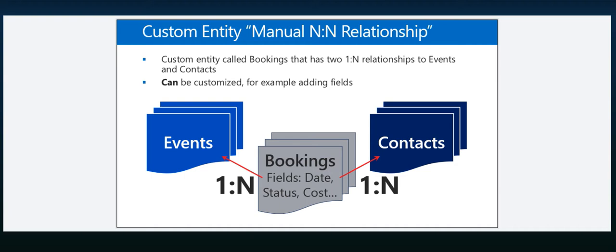You also do get an extra entity in the system that you have to work with. So you have to take that into account, but it also makes it a lot easier to do statistics and charts on it when you have that intersect entity. While you can still do that with the system many-to-many relationship, it gets a little difficult.